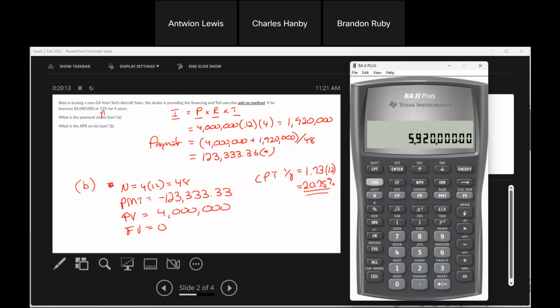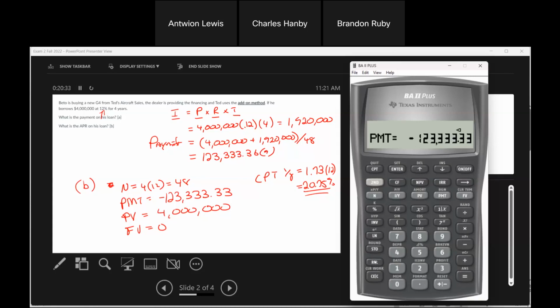So we divide by 48, and we get $123,333. So I can go ahead and enter that.